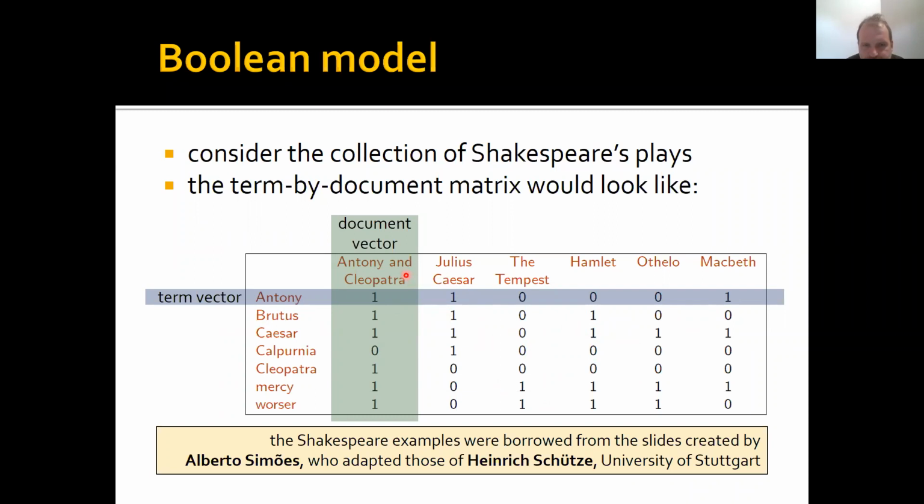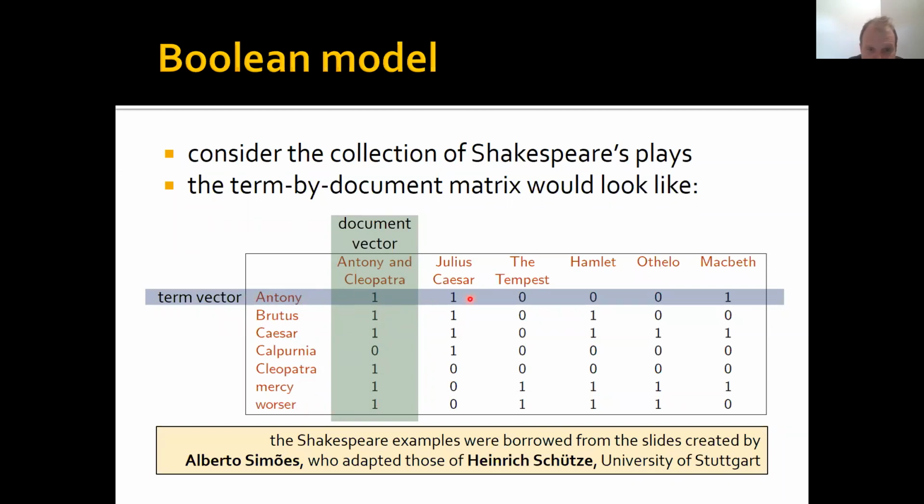And we have documents. These documents are Shakespeare's plays, right? So we have 6 documents: Antony and Cleopatra, Julius Caesar, Tempest, Hamlet, Othello, Macbeth. And we have some selected terms. We have 7 terms, right? And this vector means that in Antony and Cleopatra, there appear these terms: 1, 2, 3, 4, 5, 6, because there is 1 on the term, right?